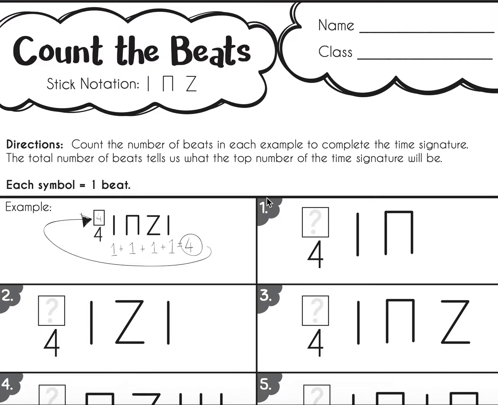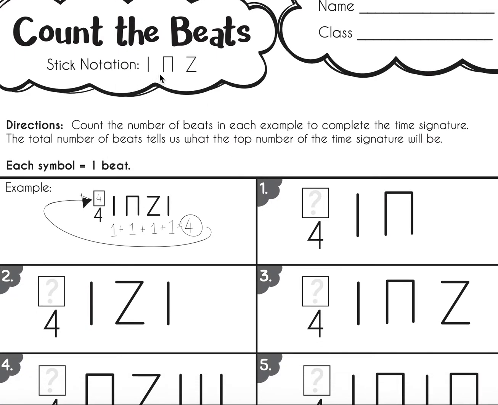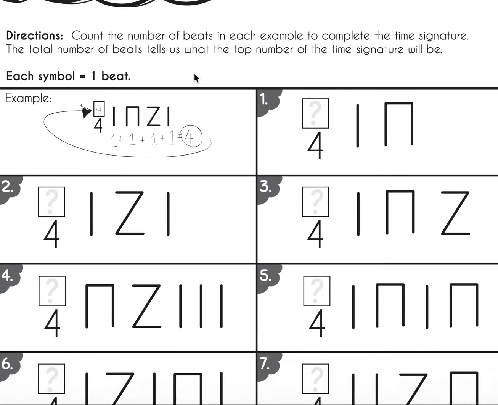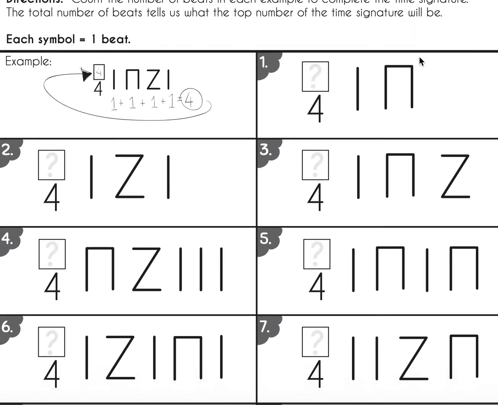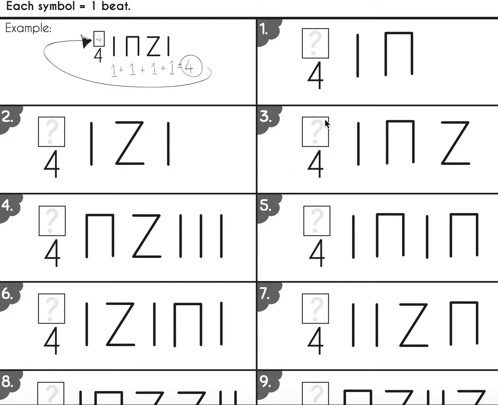The second page you have called Count the Beats uses the same stick notation. So the line is a quarter note, the beamed line is a beamed eighth note, and the Z is the quarter rest. The directions say to count the number of beats in each example to complete the time signature. The total number of beats tells us what the top number of the time signature will be. So remember, the bottom is always going to be 4, but the top changes based on however many beats you have in a measure.